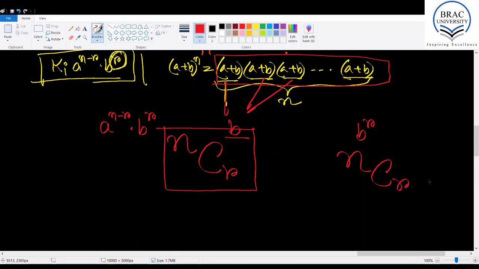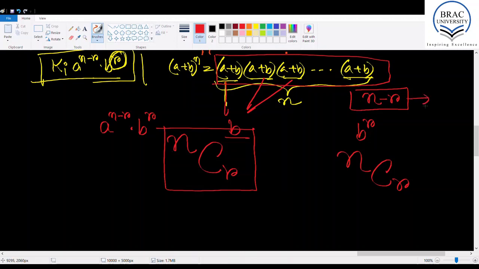And how many of the factors will be remaining then? After r of these factors, there will be remaining total n minus r factors. And as we know, each of the factors provides one element.